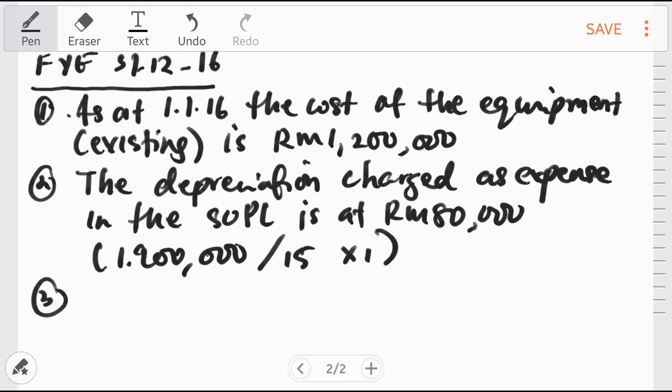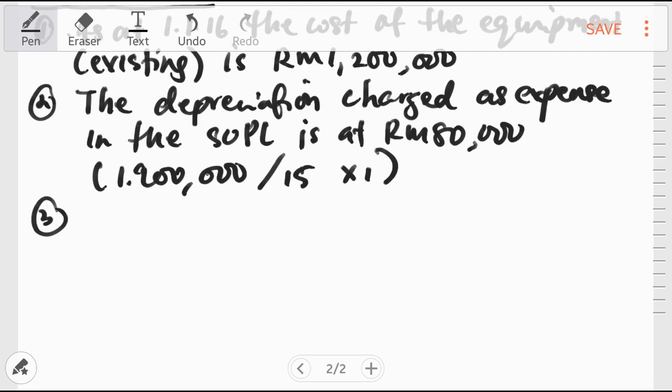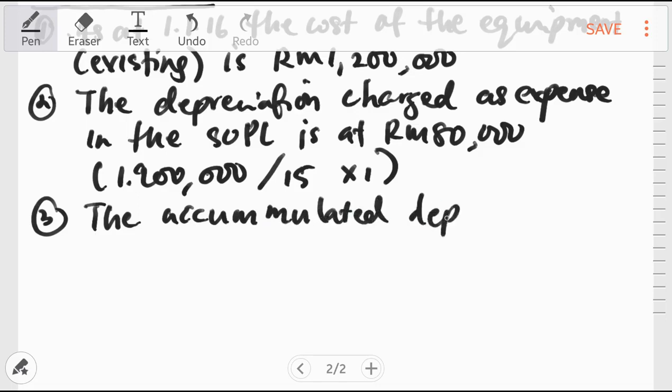Next, number 3. Number 3 talks about the accumulated depreciation for that year.